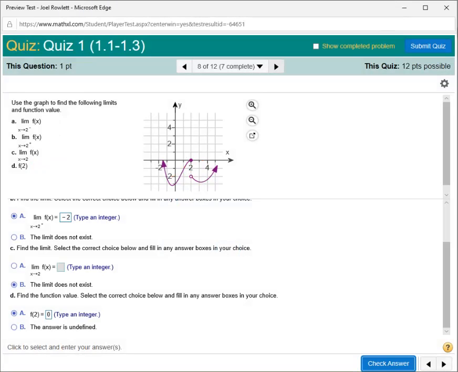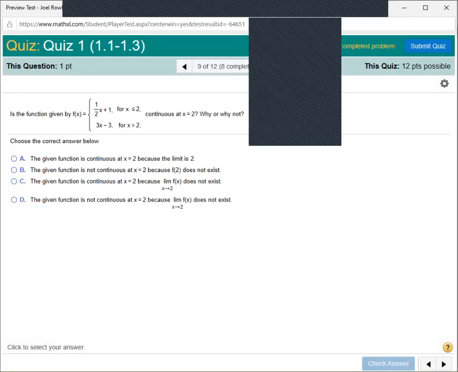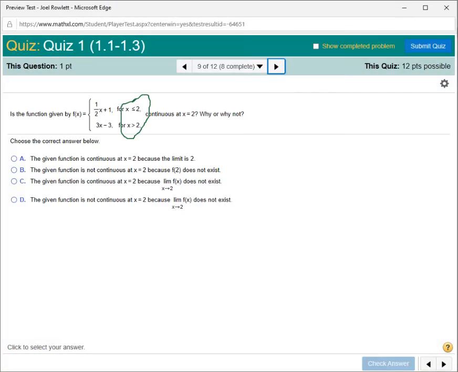Number 9. Number 9 is asking if this piecewise defined function is continuous. It's continuous if it doesn't have any breaks. And the only place where we are in danger of having a break is when x takes on the value 2. So let's see what we have here.